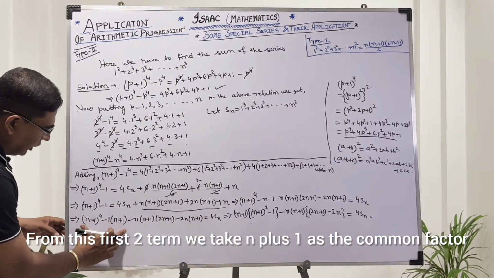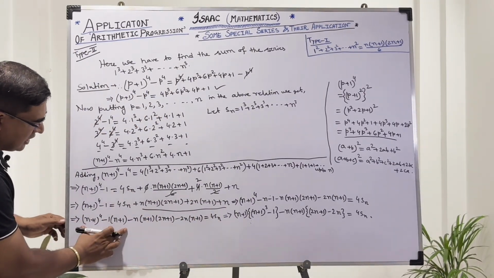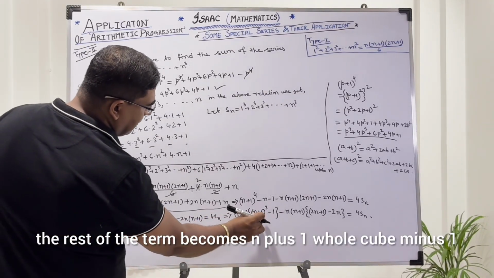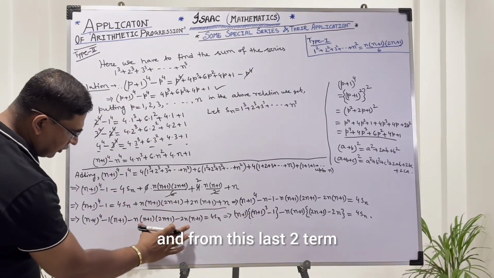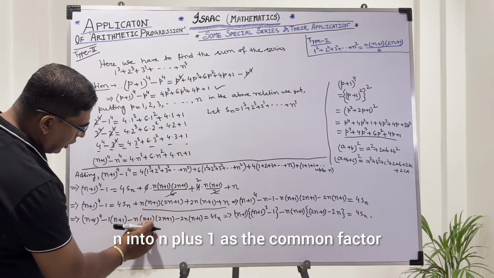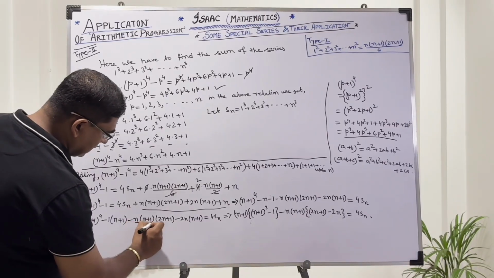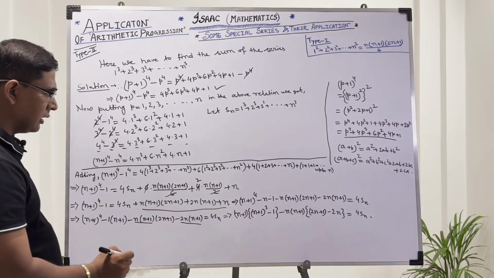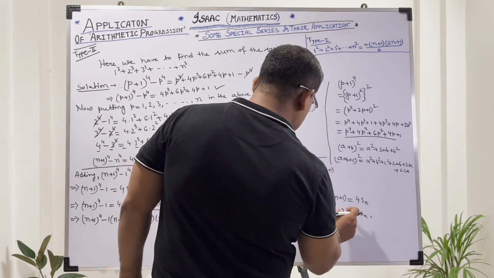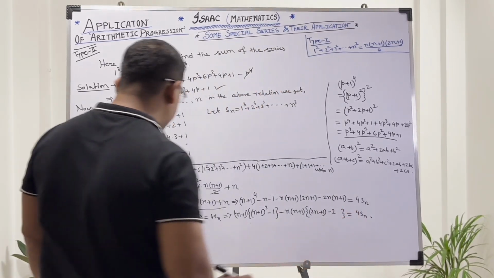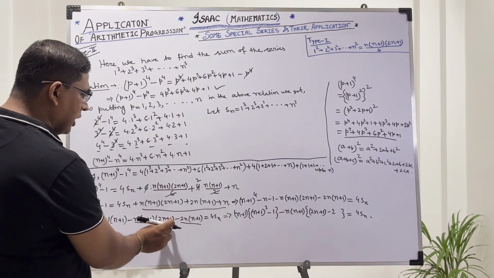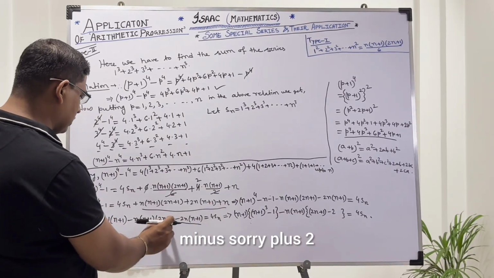From the first two terms, we take (n plus 1) as the common factor, and after taking it, the rest becomes (n plus 1) whole cube minus 1. And from the last two terms, if we take minus of n into (n plus 1) as the common factor, the rest becomes 2n plus 1 plus 2.